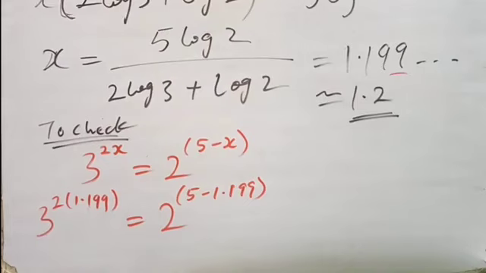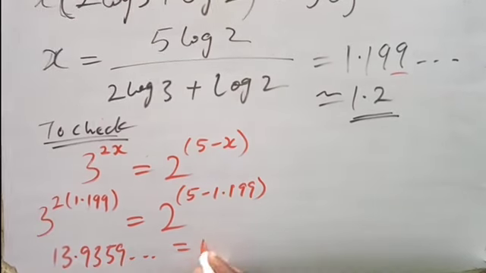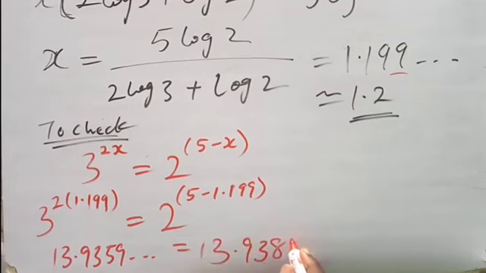So when we compute this, we have 13.9359 and so on equals 13.93846 and so on.